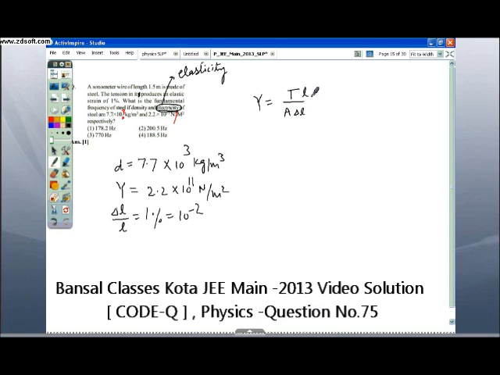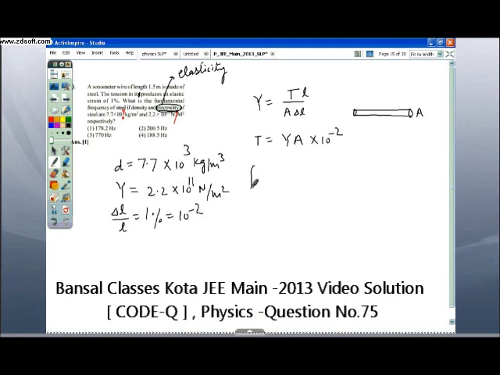where T is tension in the string, A is area of cross section of this wire, and Y is Young modulus. So this comes out to be T equal to Y A delta L by L, 10 to the power minus 2.